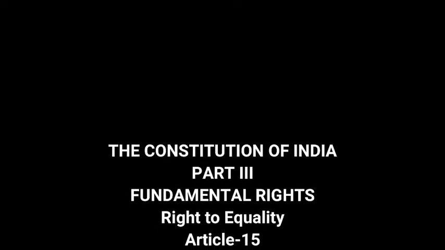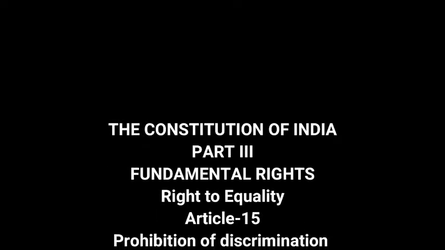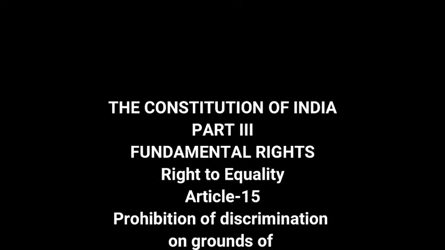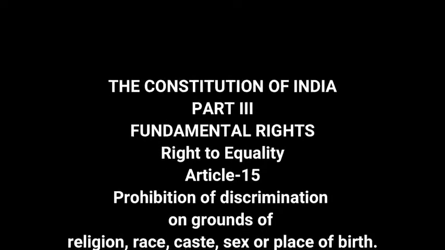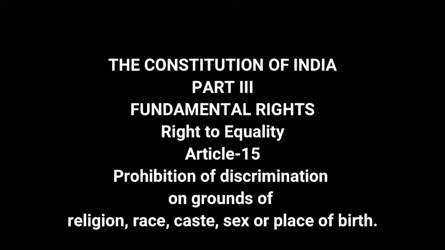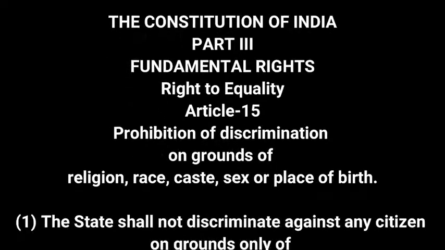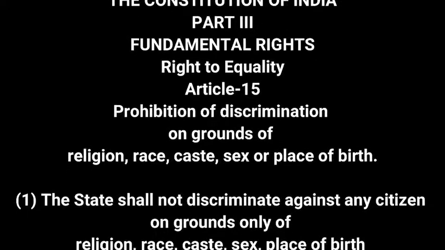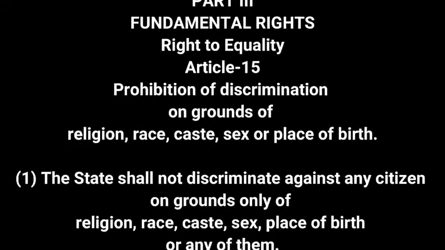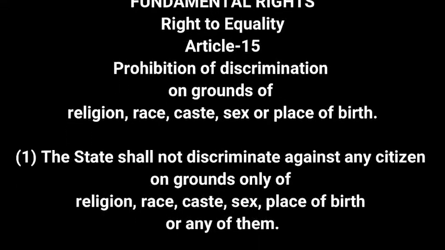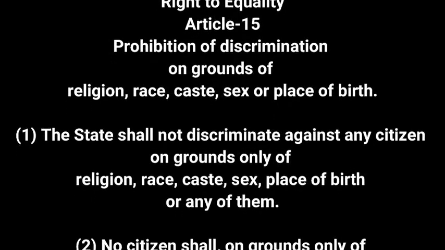Constitution of India. Part 3. Fundamental Rights. Right to equality. Article 15. Prohibition of discrimination on grounds of religion, race, caste, sex or place of birth. The state shall not discriminate against any citizen on grounds only of religion, race, caste, sex, place of birth, or any of them.